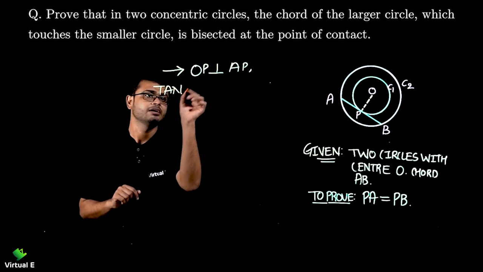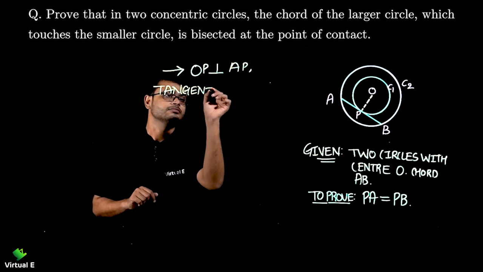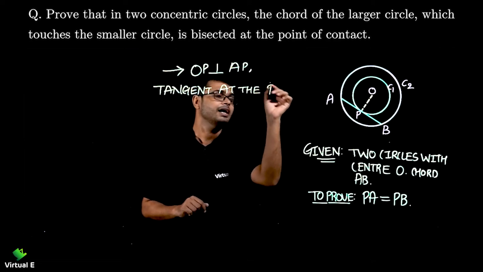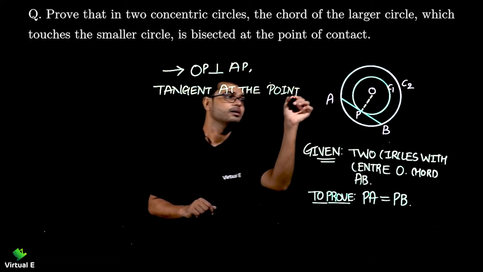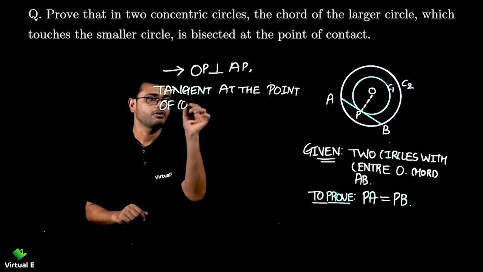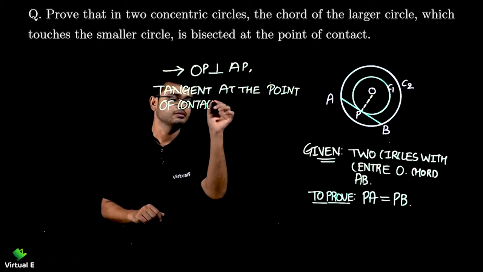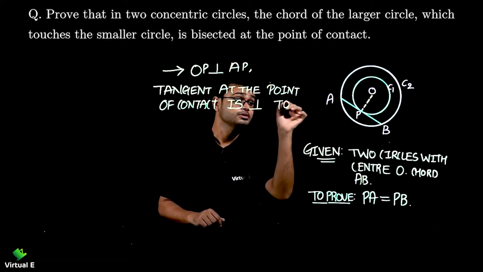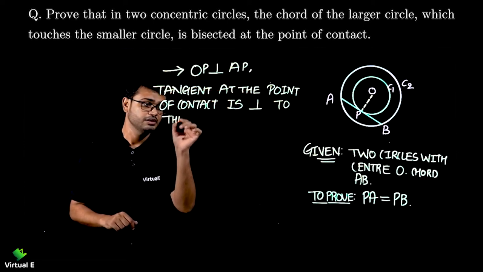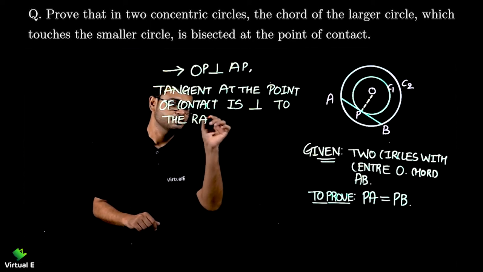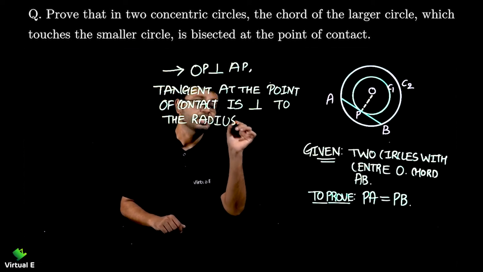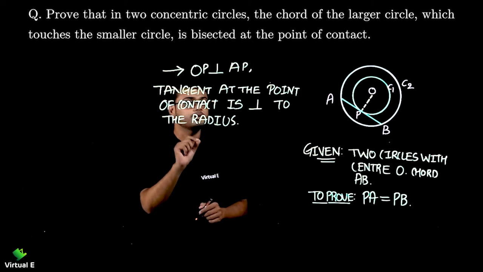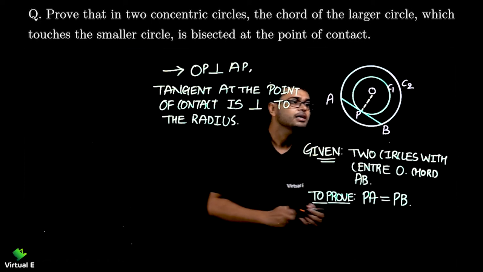Let's write it: tangent at the point of contact is perpendicular to the radius, right? We have written the reason for that as well. Whatever you write in a theorem, remember you need to write the reason behind that.